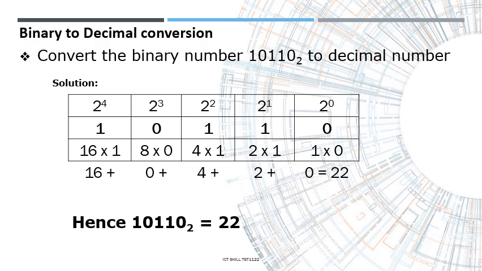So let's say this one, convert the binary 10110 base 2 to a decimal number.